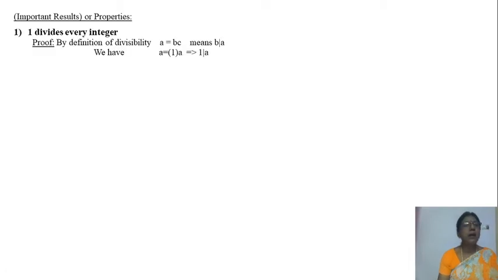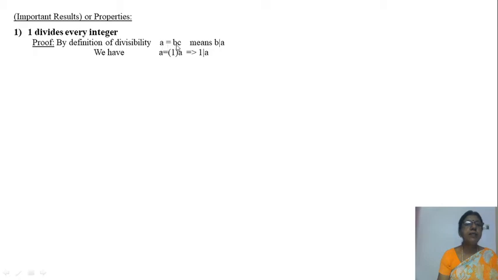First we see the first one: 1 divides every integer, meaning 1 divides a. By the definition of divisibility, a is equal to bc means b divides a.